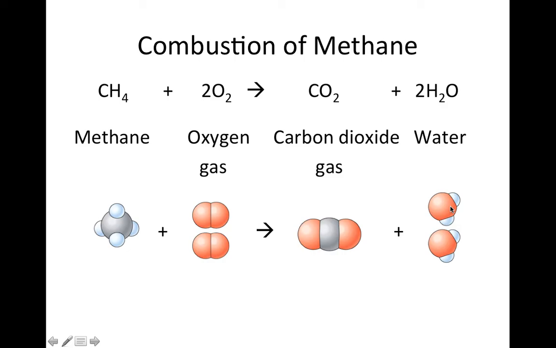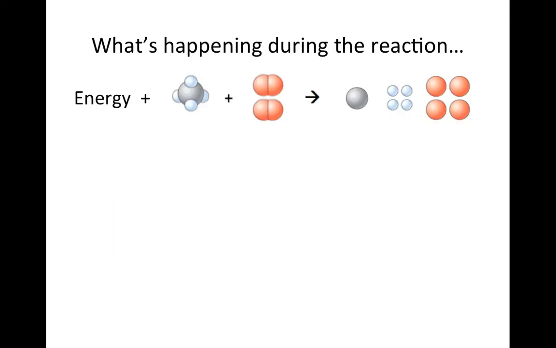What's really happening is this. The first part of the reaction is the breaking of bonds. What's actually happening is that this methane molecule is breaking up into carbon atoms and hydrogen atoms, and these molecules of oxygen are breaking up into atoms of oxygen, which is shown here.